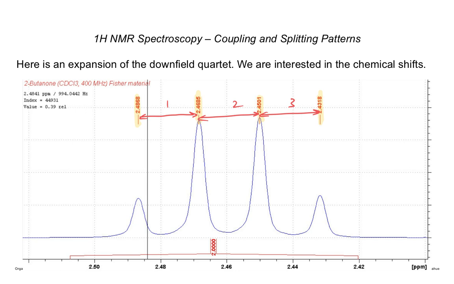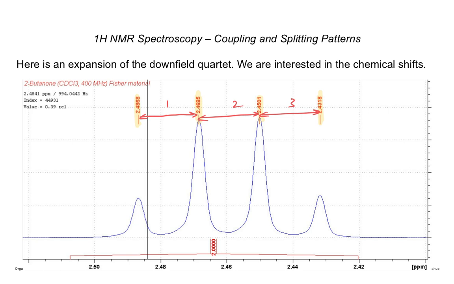So that distance, you can sort of eyeball it right now and approximate that those three distances are all equal, right? A couple of things: that's not always the case, and we want to understand why that is. And then what is the magnitude of that distance?